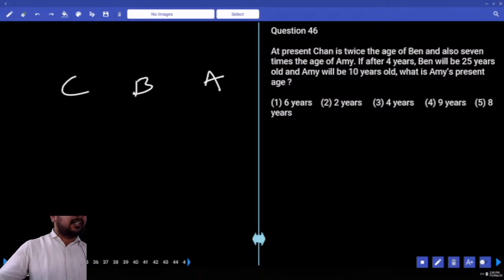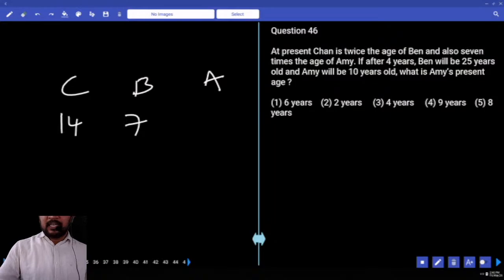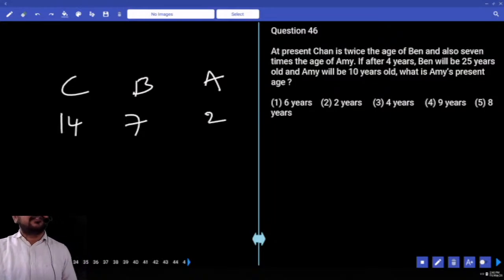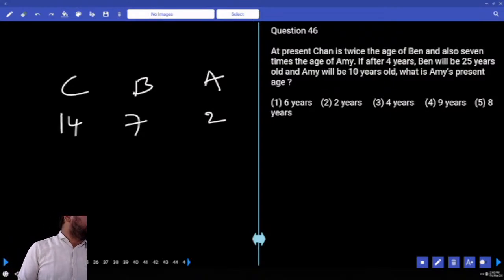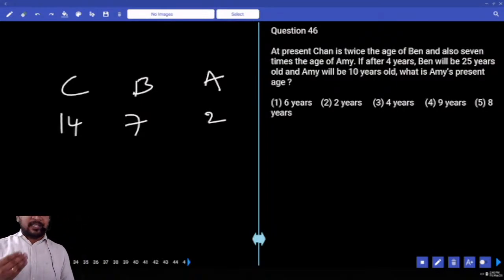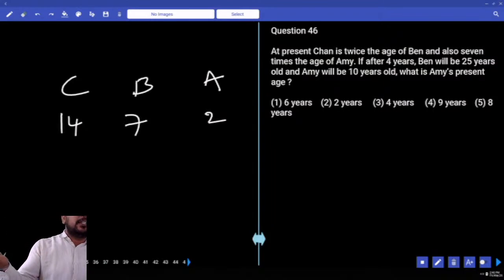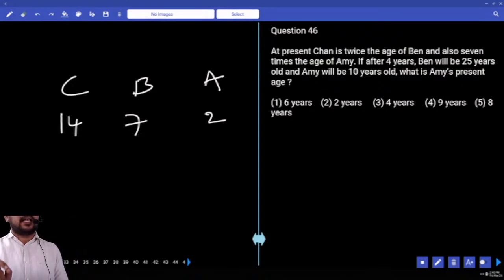Twice and 7 times, so the LCM of 2 and 7 is 14. I am going to assume Chan is 14. Then Ben is 7, and Ami is 2. If you assume the right values, then you will get the answers very fast.